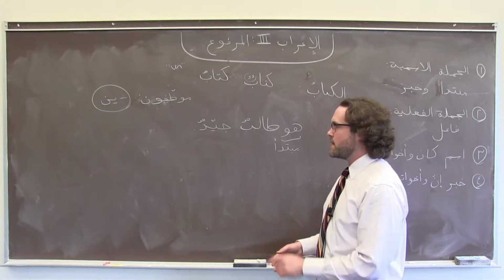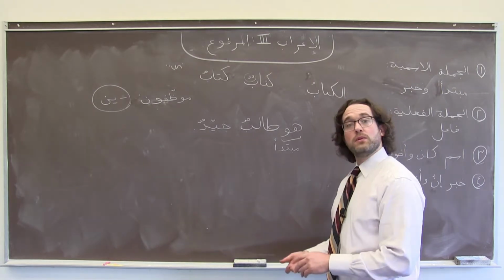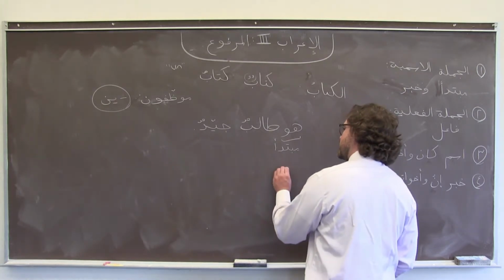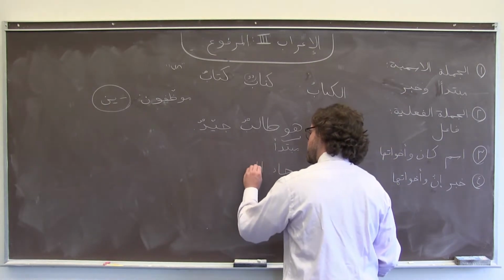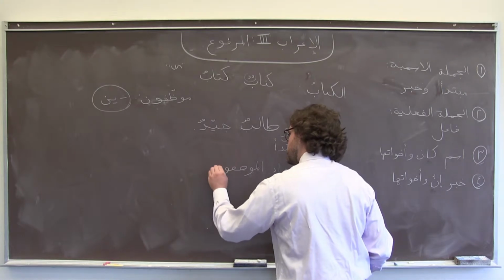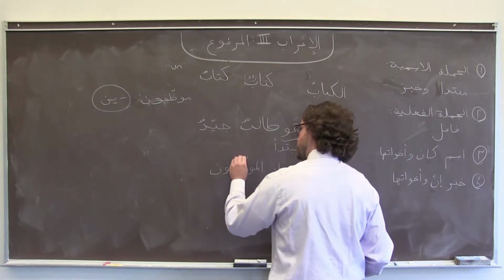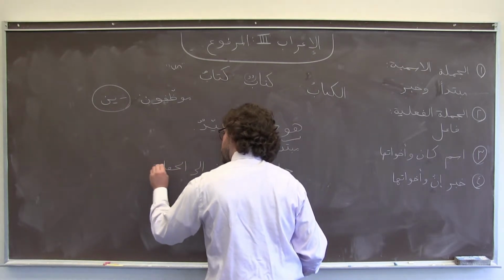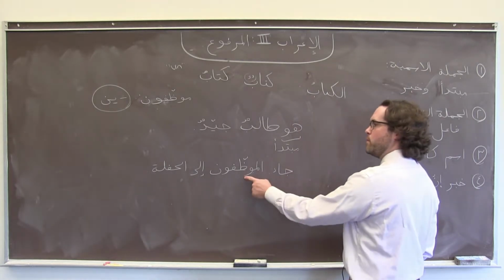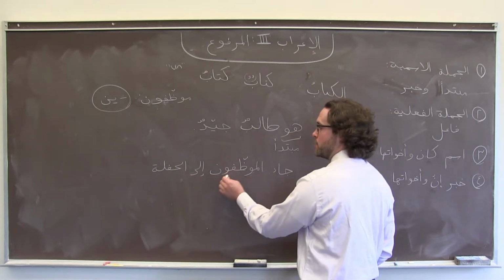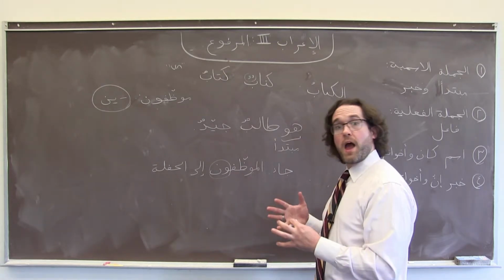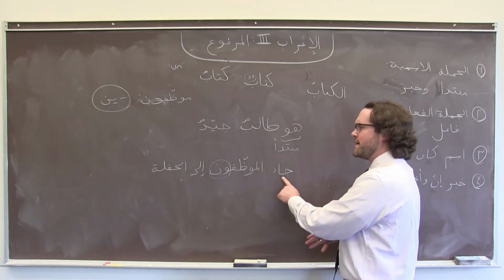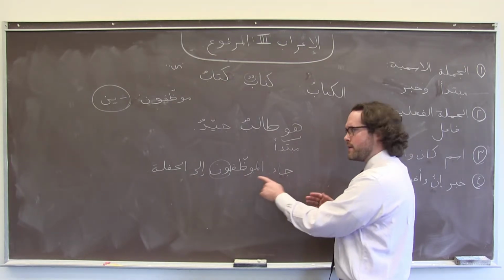Or if we wanted to say, the employees came to the party, we could say it this way. جاء الموظفون إلى الحفلة. Here, الموظفون is the فاعل, the subject of this verb. Because the verb comes first, we conjugate it in the singular as though it were for huwa and not hum.